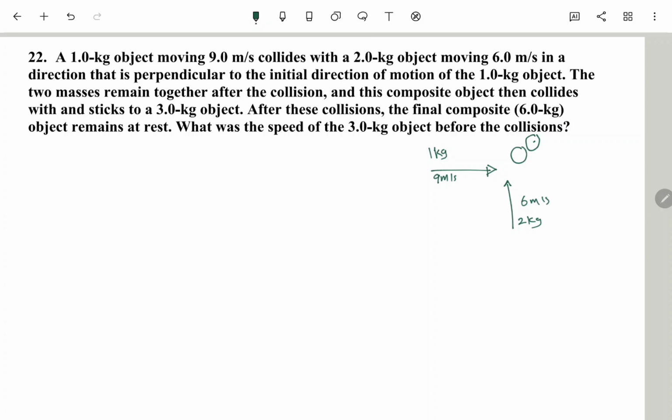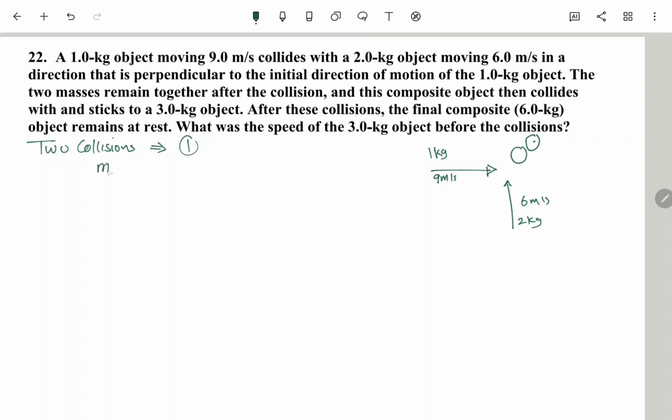Now we have here two collisions. Now the first collision here, let's use that momentum is conserved. Remember, this is an inelastic collision, so kinetic energy is not conserved, only momentum.